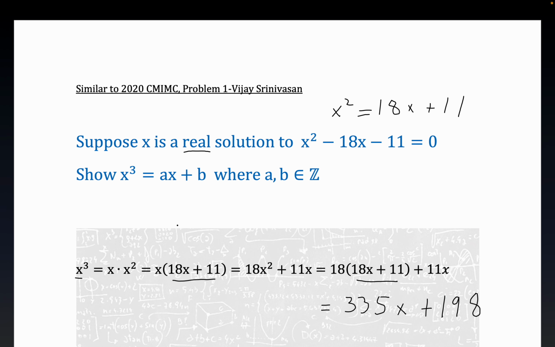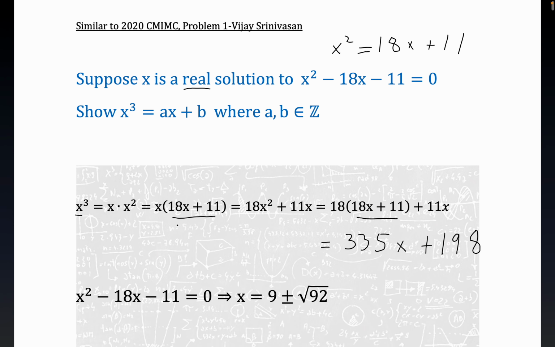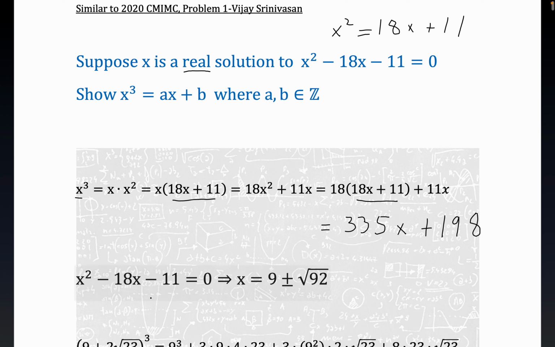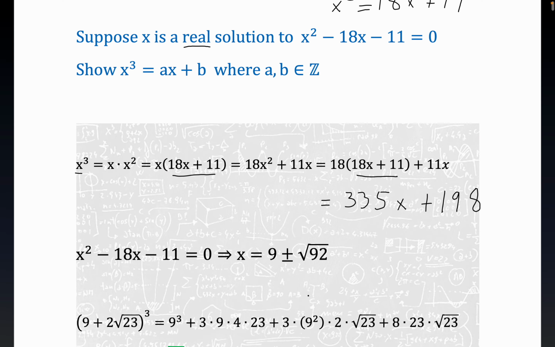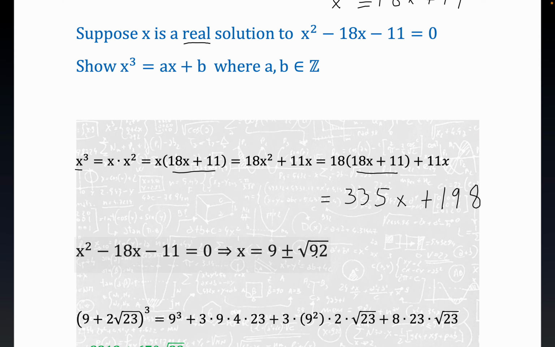I do want to show you a concrete example. It's not hard to show that the 2 solutions here, by completing the square, are 9 plus or minus root 92. Now notice that this would be equal to 9 plus or minus, let's see, 92 is 4 times 23, square root of 4 is 2.